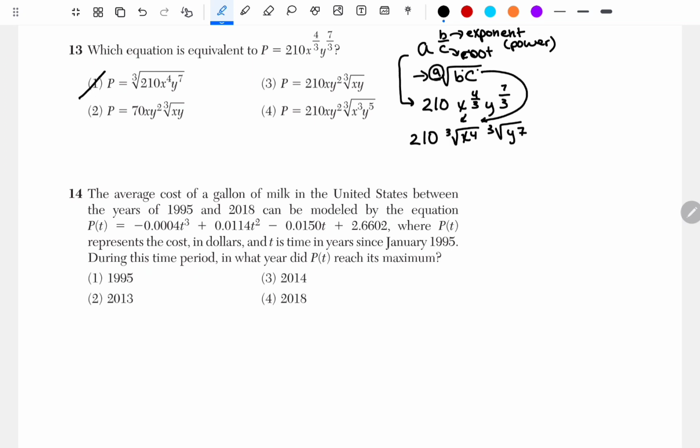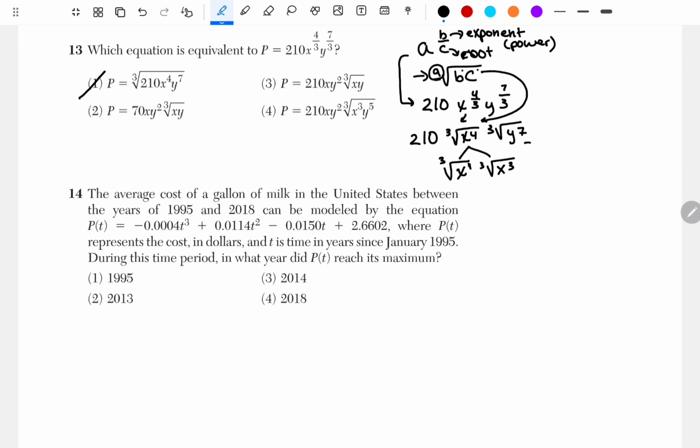We're going to break down our cube root of x to the 4th into two parts: the cube root of x and the cube root of x to the 3rd. These two are still equivalent to x to the 4th, because if we have cube root of x times cube root of x to the 3rd, we add our exponents, and 1 plus 3 is still going to give us 4.